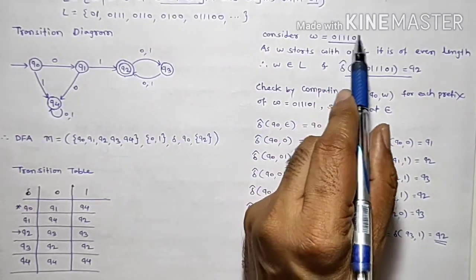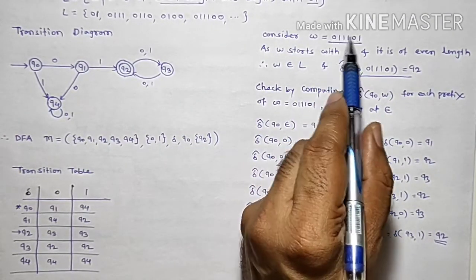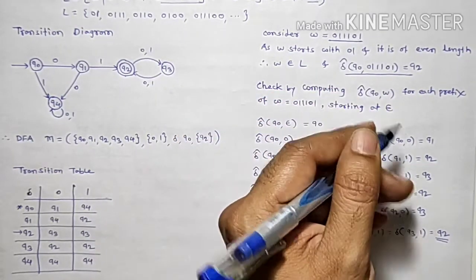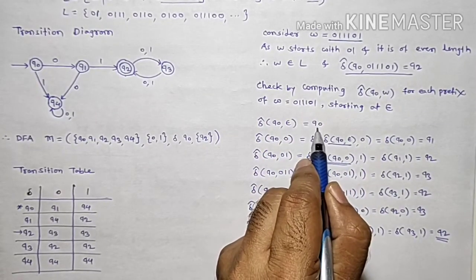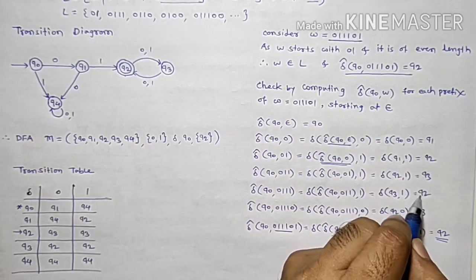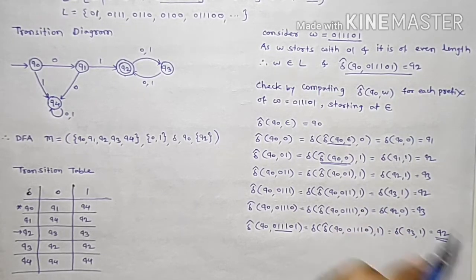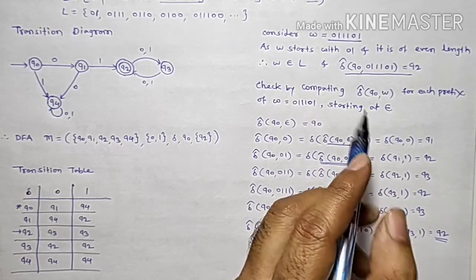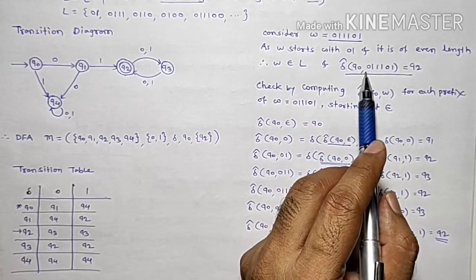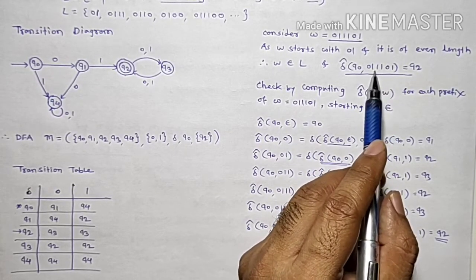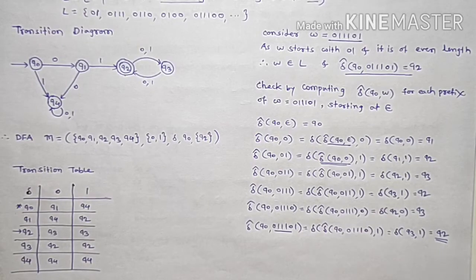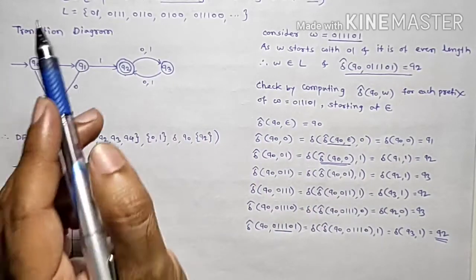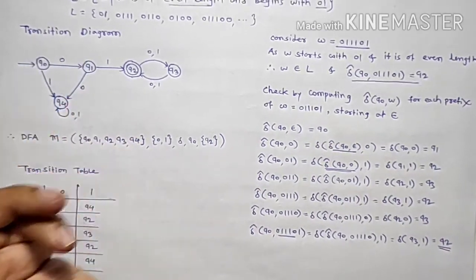After reading all the symbols of the string from first symbol to last symbol, the DFA goes through different transitions, that is from q0, q1, q2, q3, q2, q3 and last to q2. So there are different states through which this DFA goes while reading the symbols of this w, and finally it resides in state q2. So we can say that w is accepted by the DFA or it belongs to the language of the DFA.